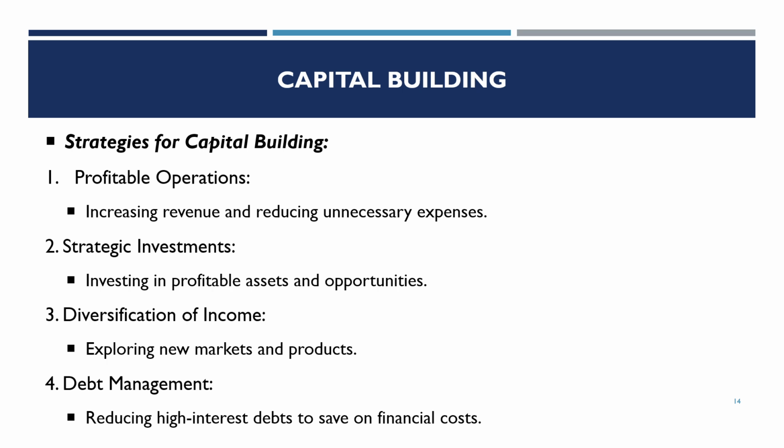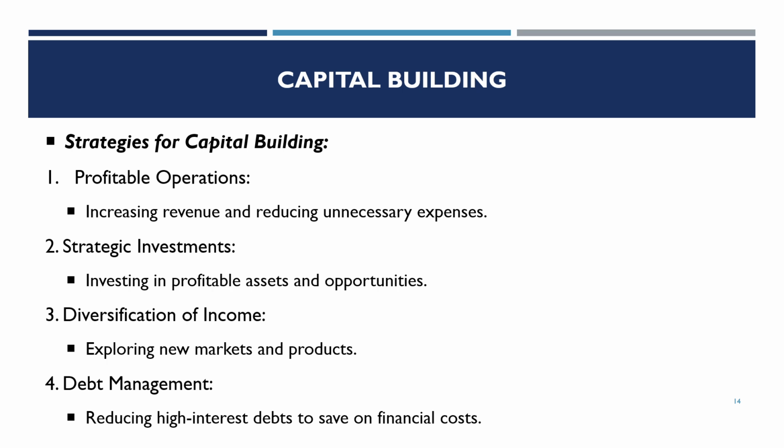And third is diversification of income. Diversification of income is another strategy to ensure the stability, reducing the dependency on a single revenue stream. That involves exploring new markets and products. And the last is debt management.